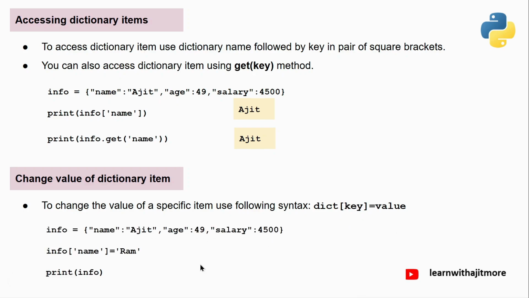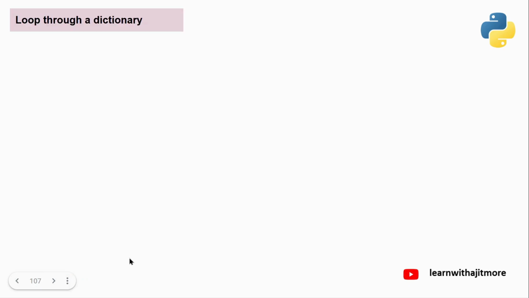See, this is your dictionary. I'm writing info of name equal to. So whatever the old name is getting replaced with new name. You can print and see the value of key name is changed from old value to this new value.